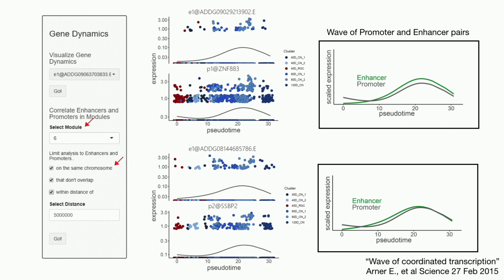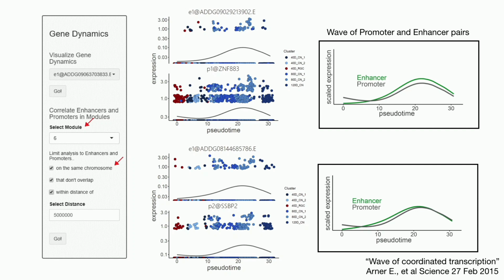So here's an example of one transcription factor, ZNF, and its nearby enhancers, and they have very similar trajectories in the same module. So you can overlay these and understand if there's any wave of promoter enhancer activities, which is very analogous to one of the FANTOM papers where we looked at how enhancers are activated just before the promoters.